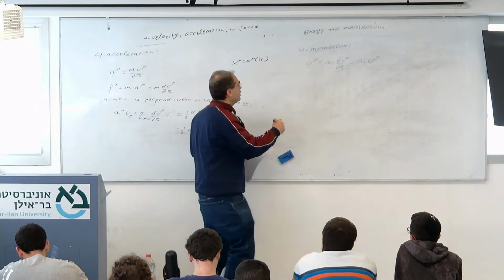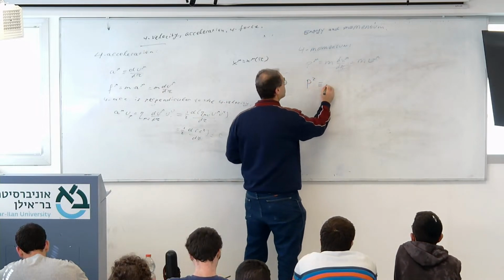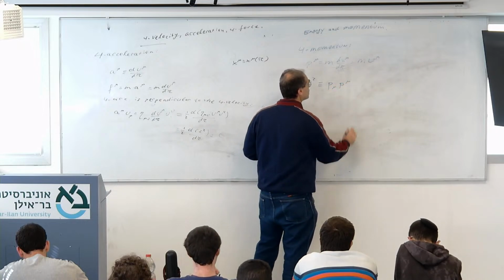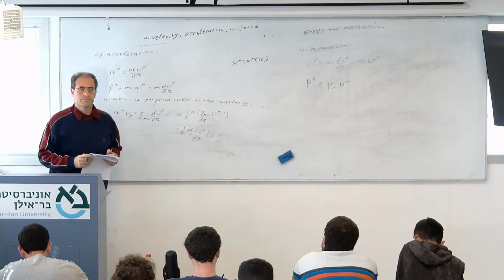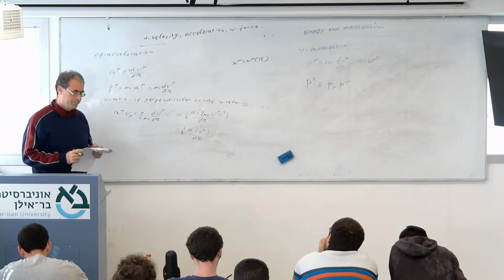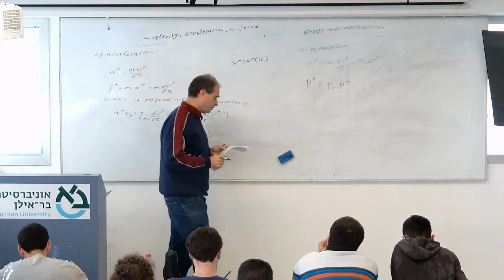So, I just erased that, but what is p squared? The norm of the momentum? m squared c squared. Right, m squared c squared.